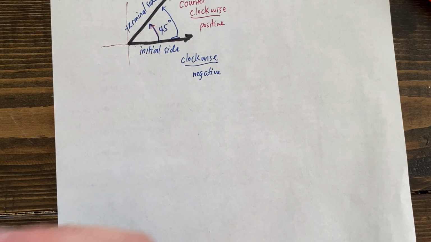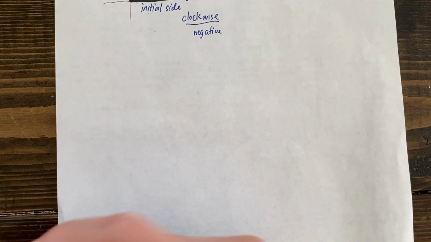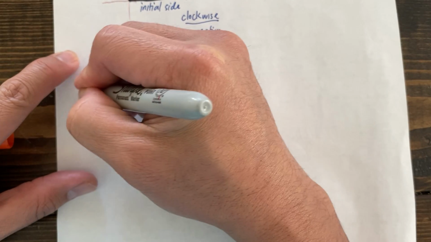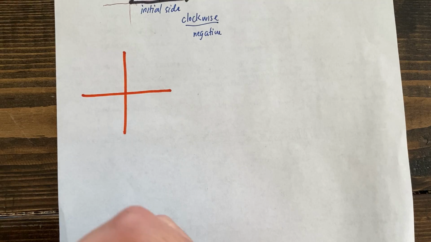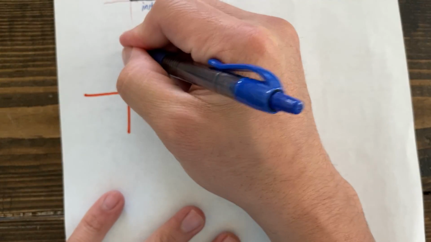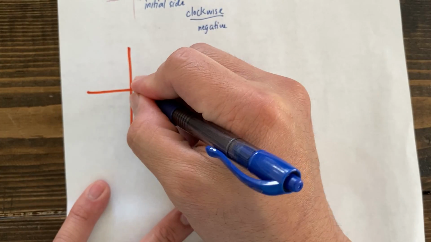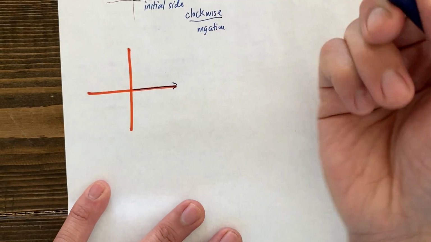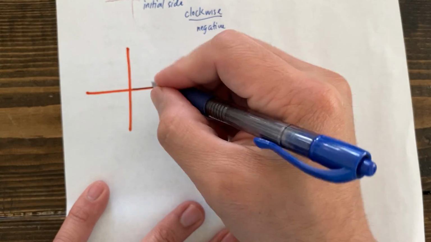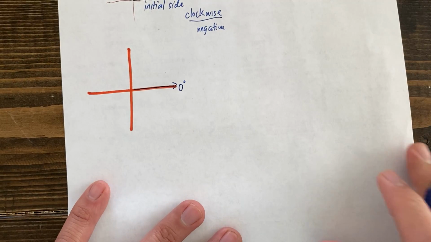Another basic thing that you need to know. Say we have our angle here. This is our initial side, and that's where it starts. It lands at 0 degrees.